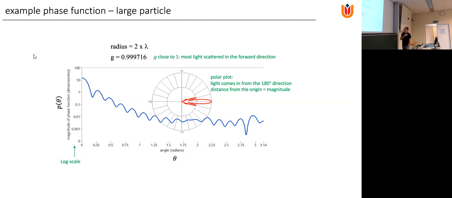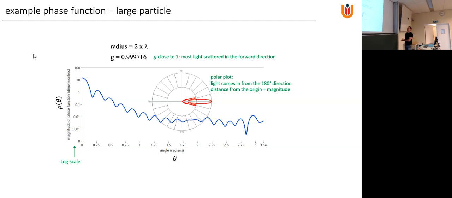In this case, the light is coming in along the 180 degree line. The particle is then in the center of this polar plot, and the red curve shows you how the light is redistributed. This is a pretty large particle. The radius is twice the wavelength.